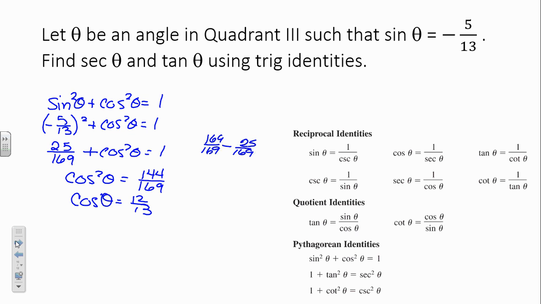And if the cosine is 12 over 13, what's the secant going to be? And if the sine is negative 5/13 and the cosine is 12/13, what will the tangent be?